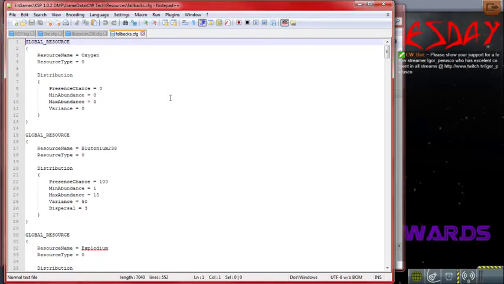Not actually tested whether that is still true in the resource pack that is within 102, but whichever. Alright, where is... there you are.